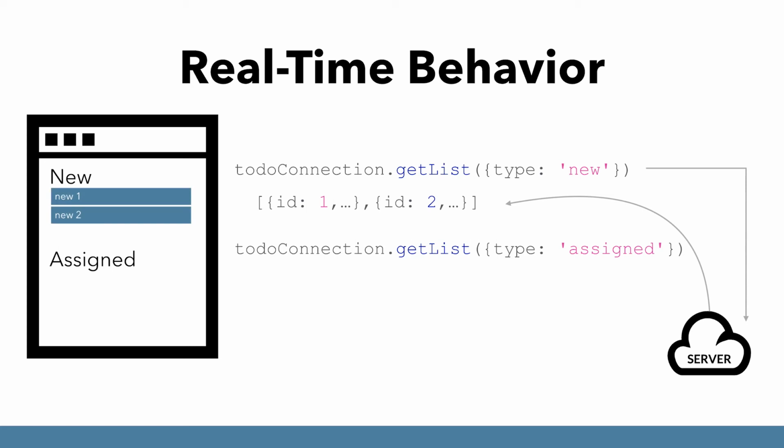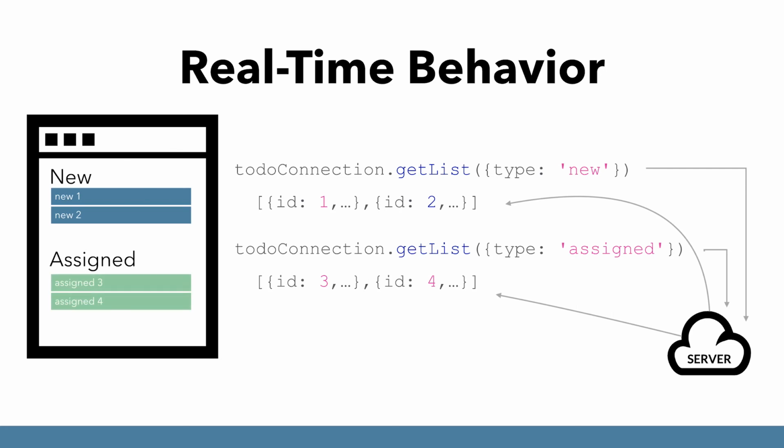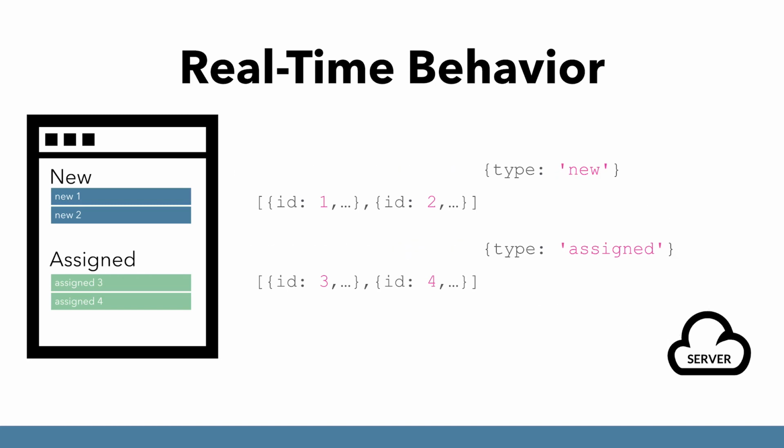Now later, the server over the socket.io connection sends us an event, and then we call update instance. So in this case, something else updated the object with ID 2 on the server, and it's no longer a new to-do, it's an assigned to-do. So the server told us this, and we call update instance.